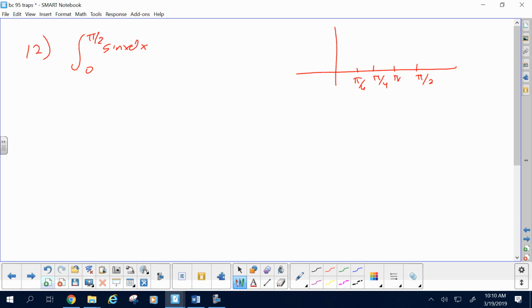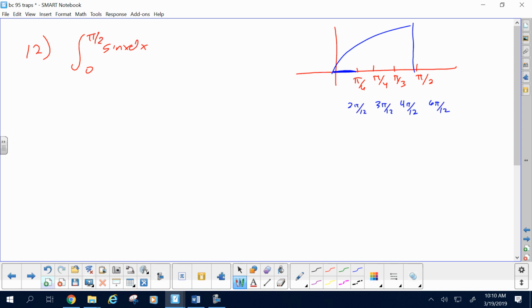It might help for me to put right under these the common denominator between all the answers, which is 12s, right? So this is 2 pi over 12. This is 3 pi over 12, 4 pi over 12, and 6 pi over 12. All right, so the first trapezoid, what's the height?